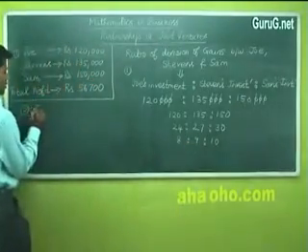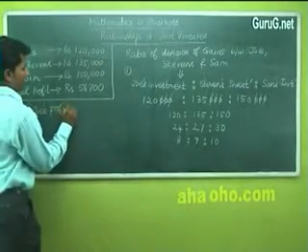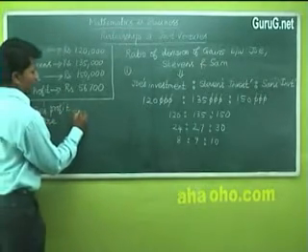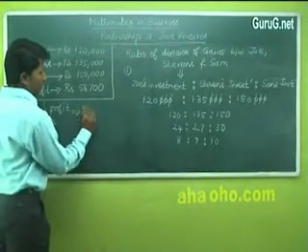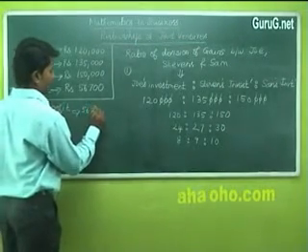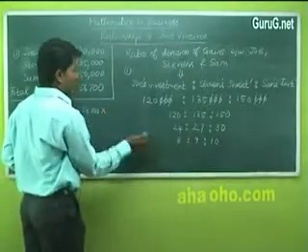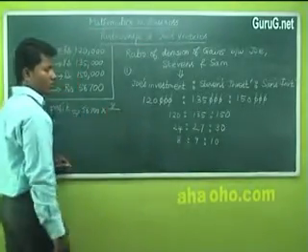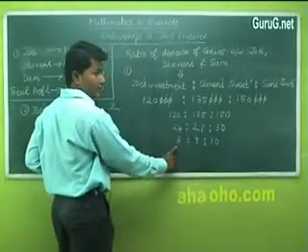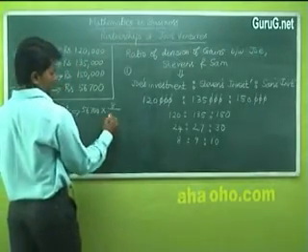So how will you find Joe's profit share? Joe's profit share will be found by multiplying 56,700 into Joe's share, which is 8 by, what is the total? 10 plus 9 is 19, plus 8 is 27.